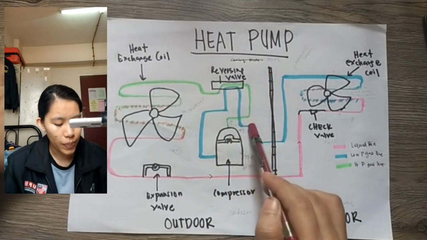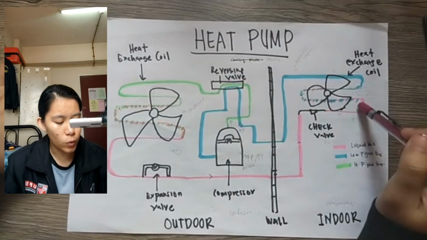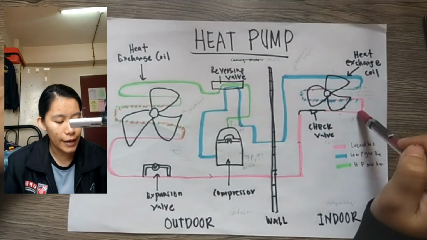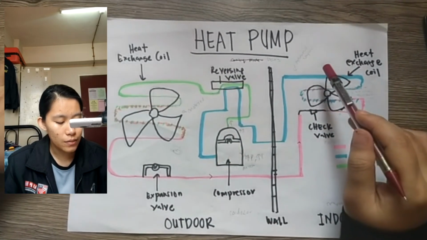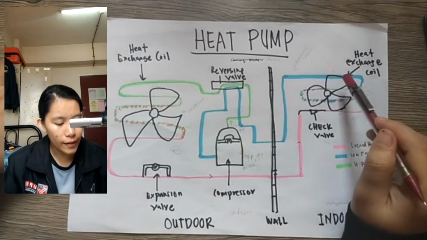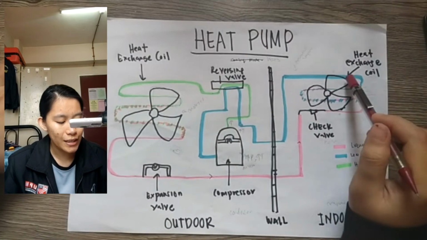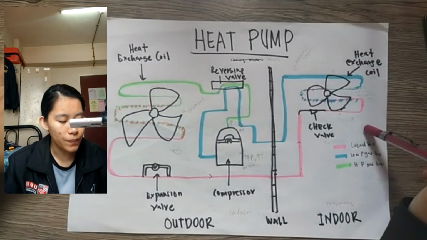Here the high temperature gas will condense to liquid. This is because the temperature of the gas is higher than the temperature in the room, so it condenses and becomes a liquid.